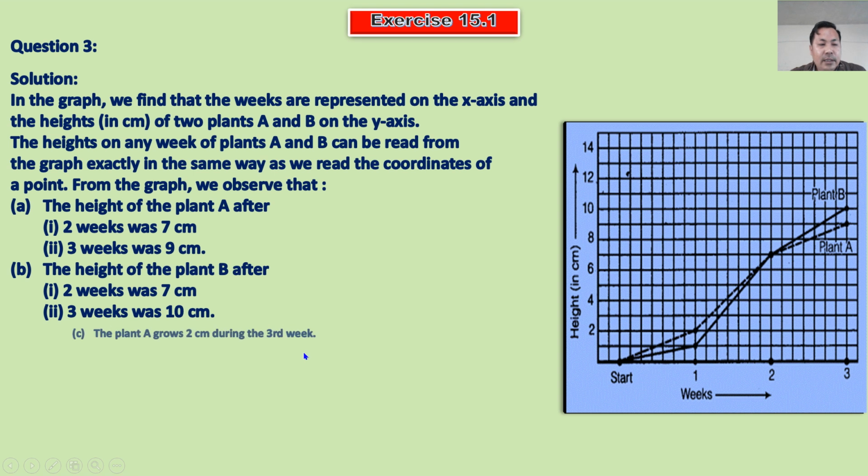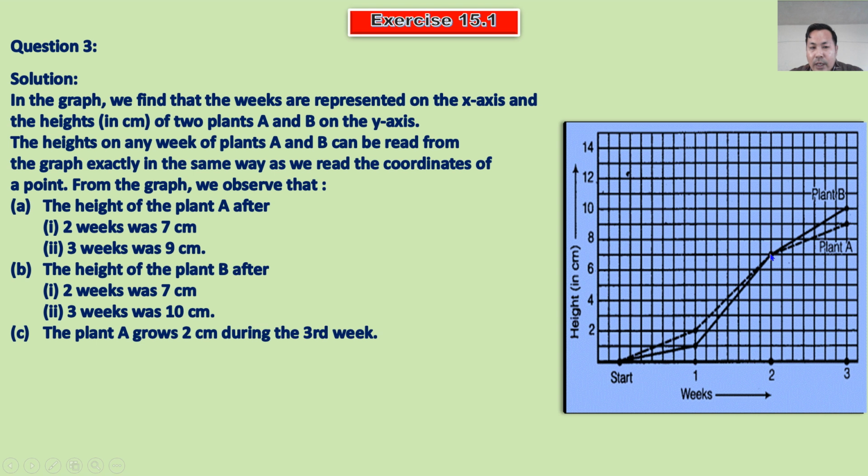Okay. Then the next answer: the plant A grows 2 centimeters during the third week. You see here, during the third week, it was 9 and then 10, isn't it? So how much is the growth? The growth is 2 centimeters.